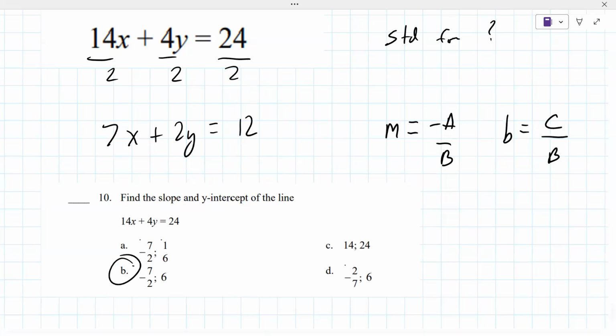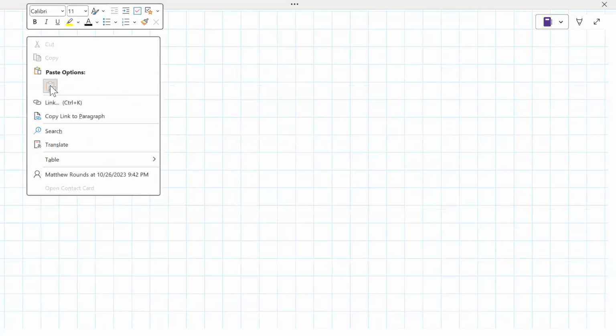Okay, last problem, but it's got 2 parts to it. It's really last 2 problems.